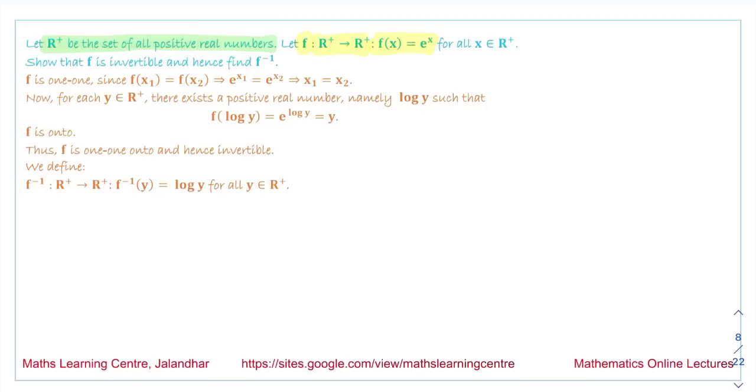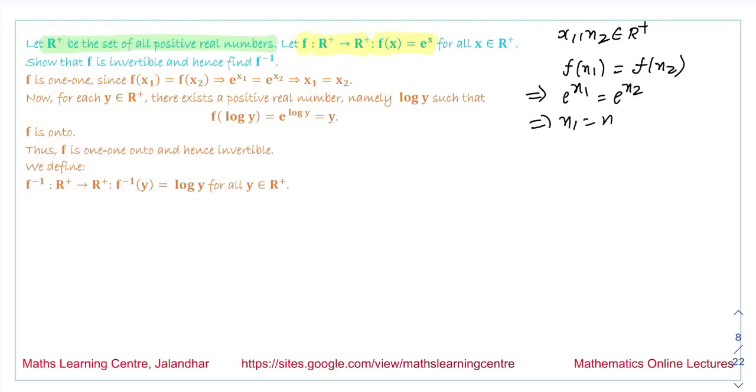So we are considering x1 comma x2 belonging to R positive. f of x1 is equal to f of x2. This implies e raised to x1 is equal to e raised to x2, and this implies x1 is equal to x2. It means this function is 1-1.